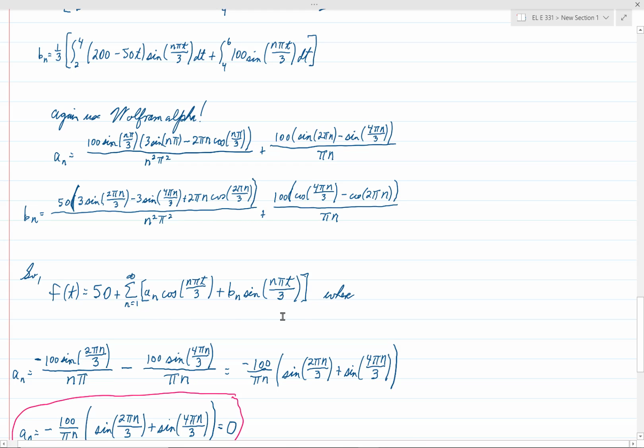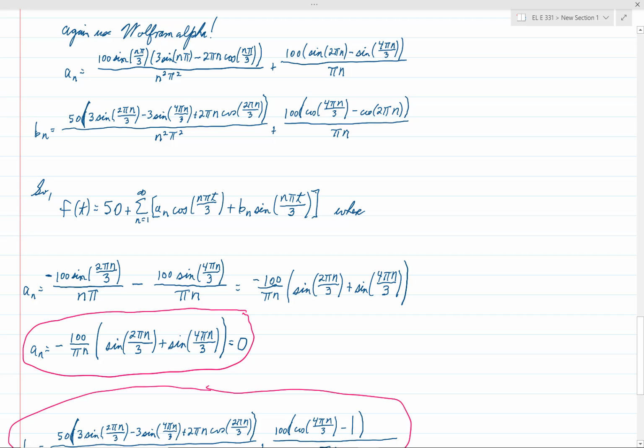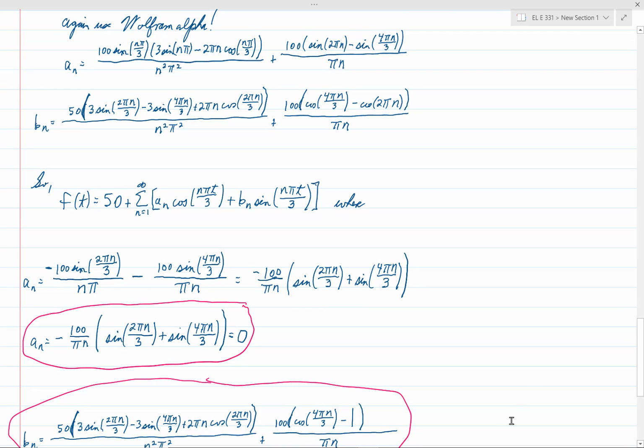Okay, but what are the An and Bn? Well, we have just derived these formulas for An and Bn, but they can be simplified a bit. So let's see how this will go.